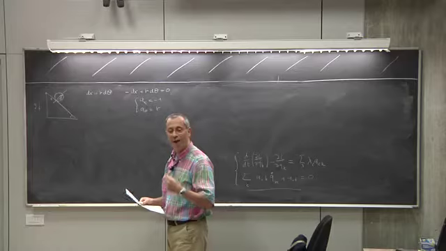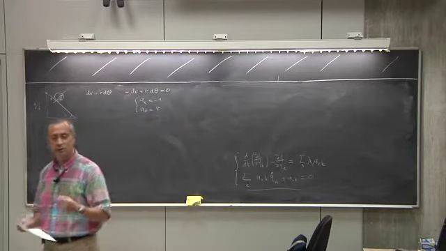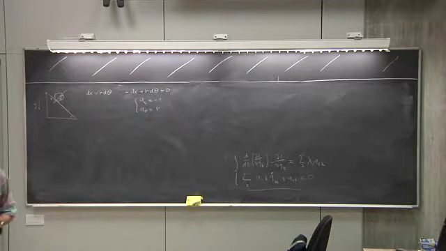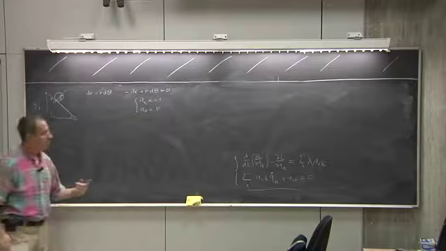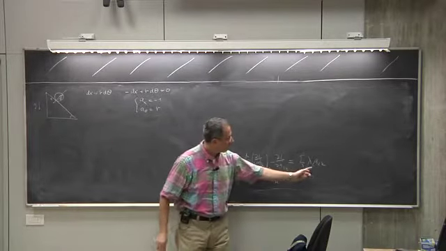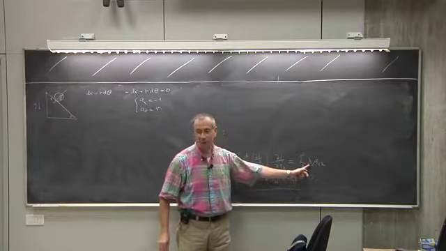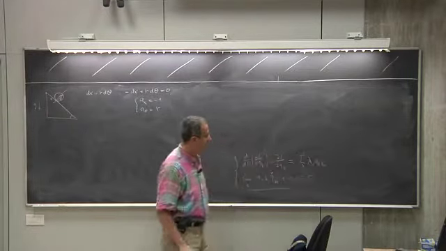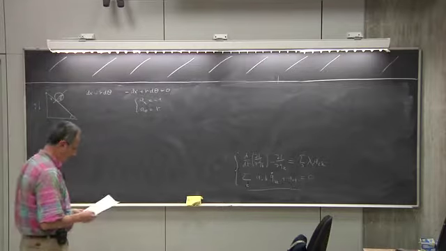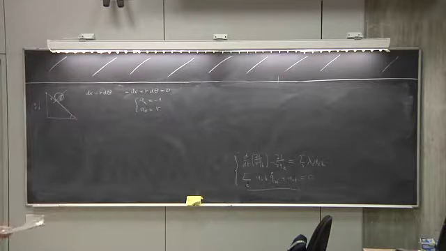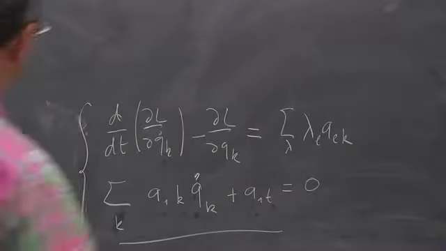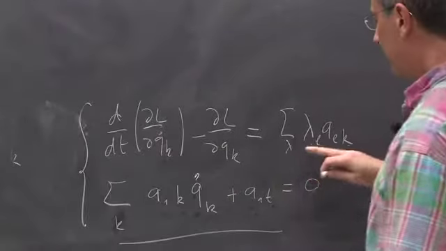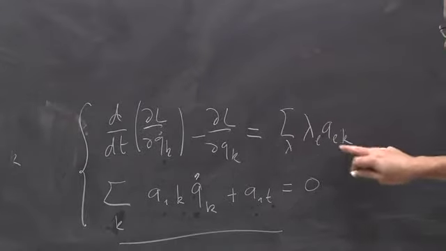And how many Lagrange multipliers do you expect to have? For each of these equations, you have one multiplier. The sum is over k, so here you just have one.